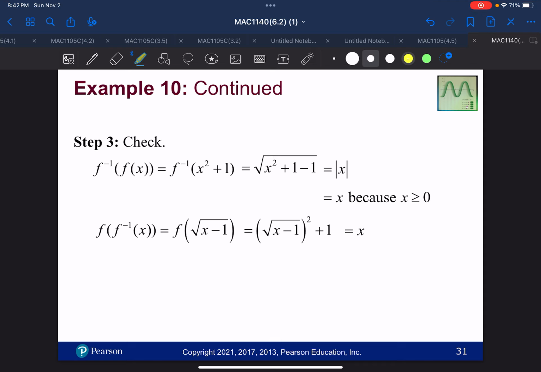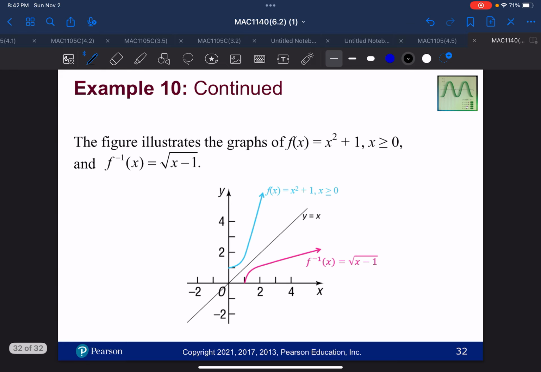And then we can check, and I will let you look at that on your own. Here is the graph of those two functions, and you can see that it is symmetric about the line y equals x. And for both of these, we have restricted, well, for f of x, we restricted x to be greater than or equal to 0.